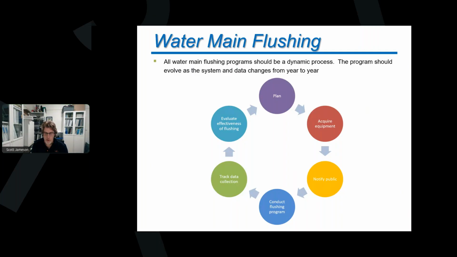Every time you pull the program off of the shelf and be like, you know what, it's flushing time. We want to look at the plan, get all our equipment together, send out notification. We conduct the program, we collect all our data, we assess our data, and we start over. Okay, what's the plan for next time now, right? Are there any adjustments that we need to make? And this just keeps going around and around and around.